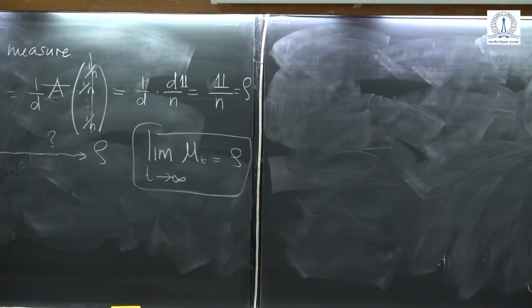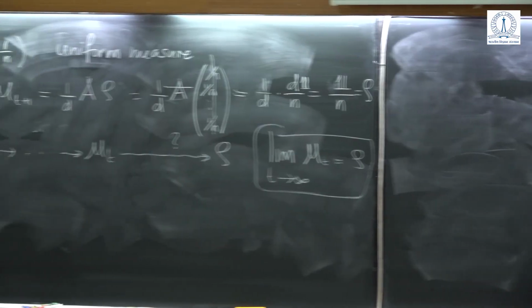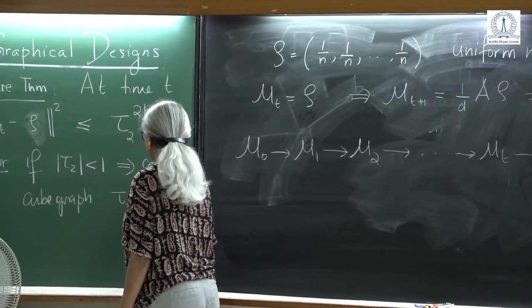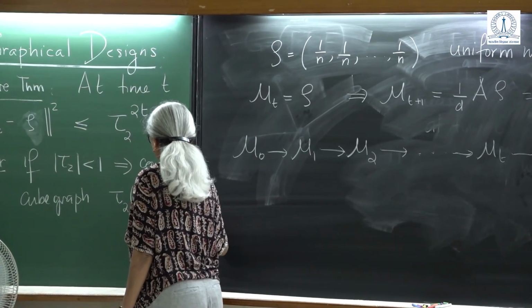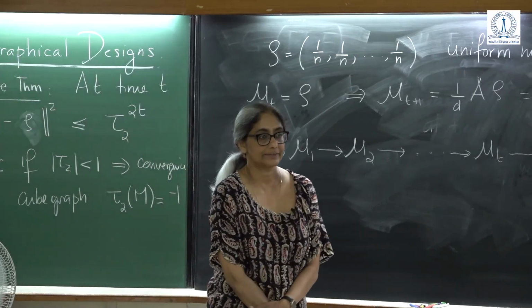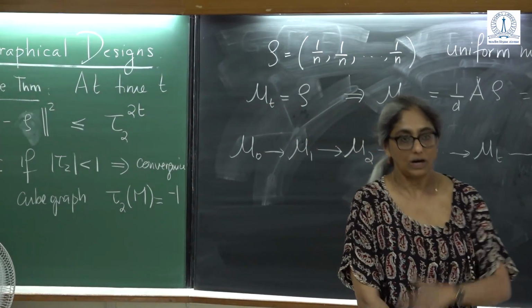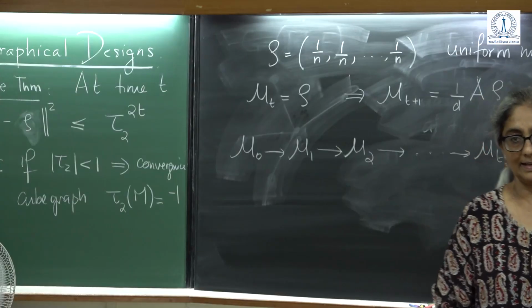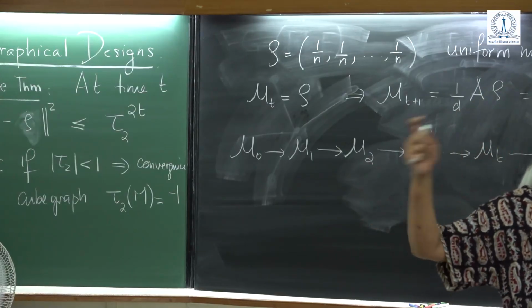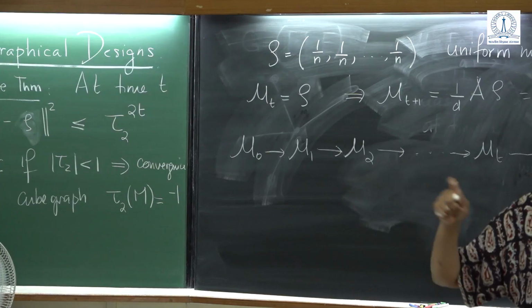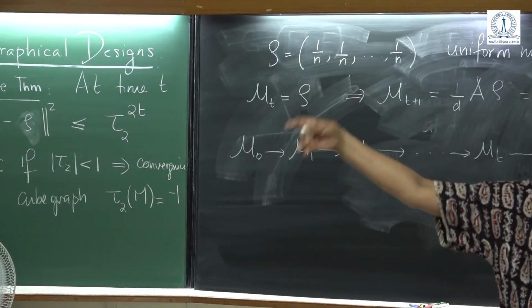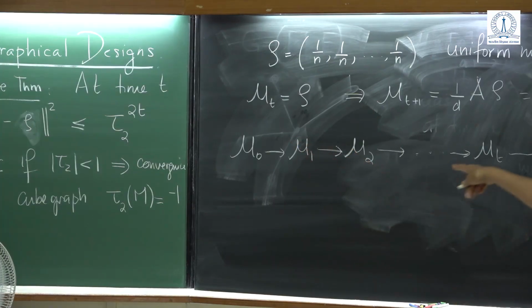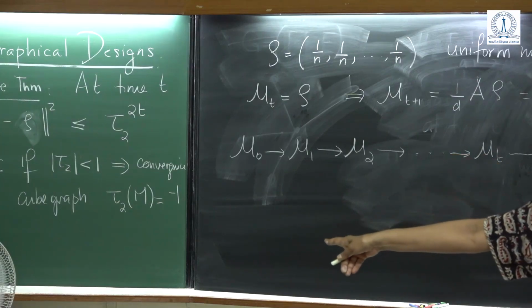In the cube graph, tau 2 of the walk matrix is -1. That's what you just told me, right? Because tau 1 is 1, and yesterday we said bipartite graphs have symmetric eigenvalues. So if the top one is 1, the bottom one is -1. So tau 2 is -1, right?